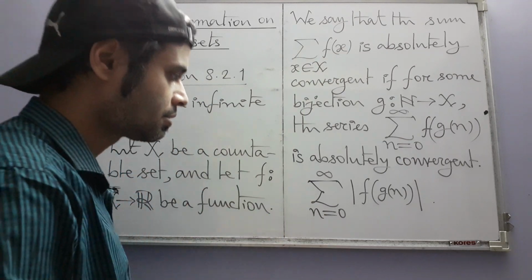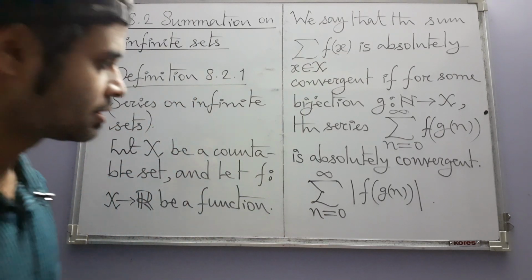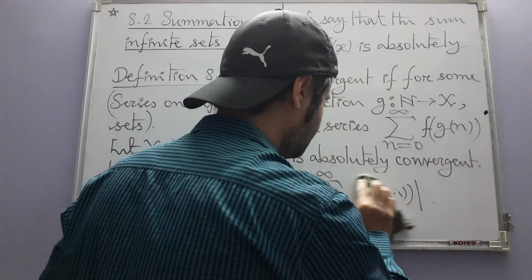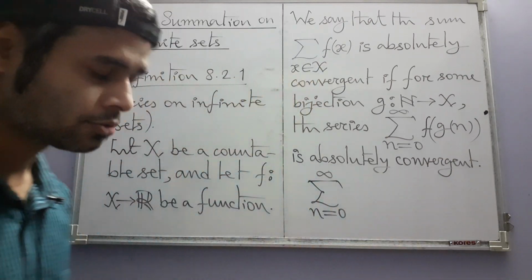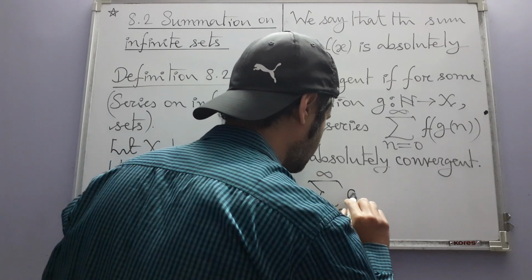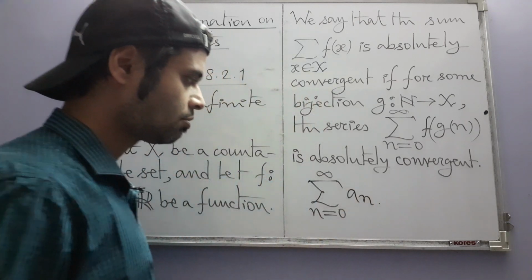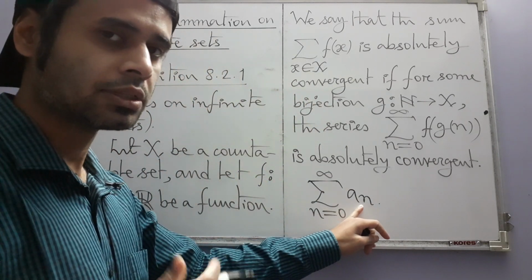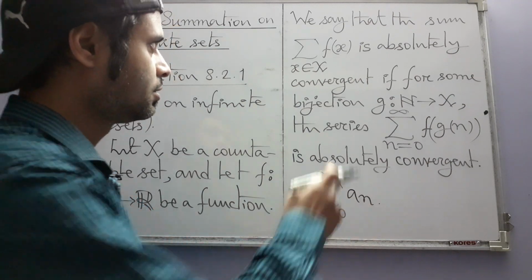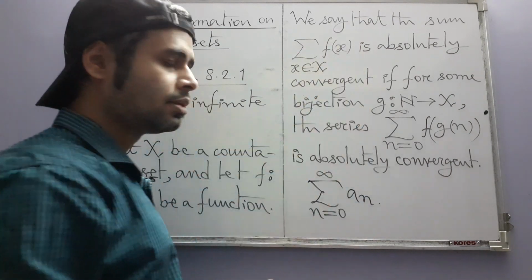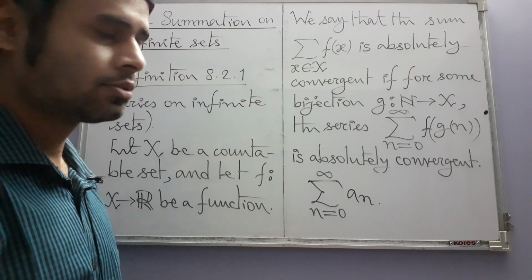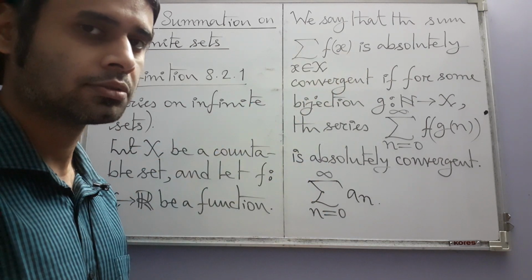Why? Because how does an infinite series look? An infinite series, for example, looks like this, where a_n is some sequence of real numbers. Is f of x a sequence of real numbers? No, these are just functional values.